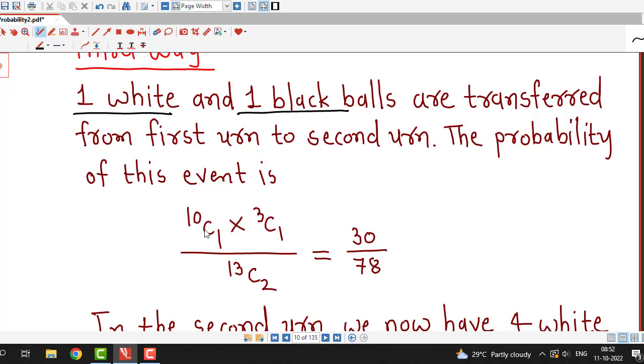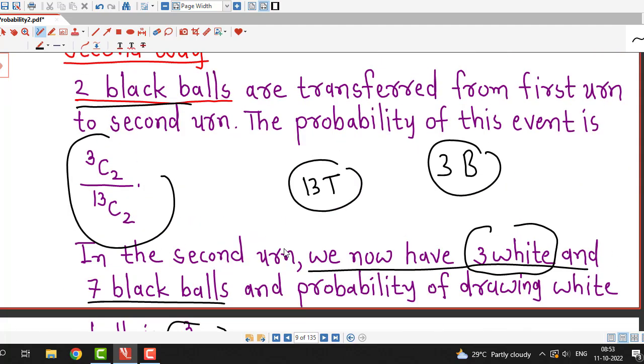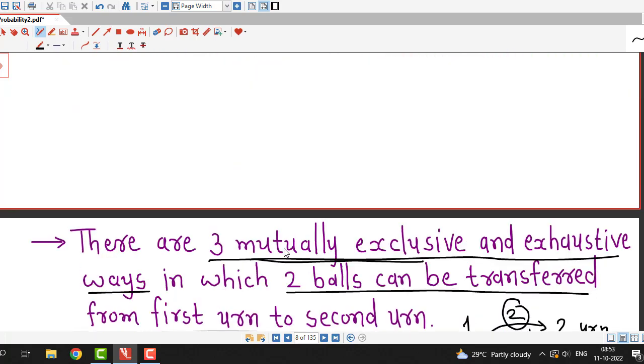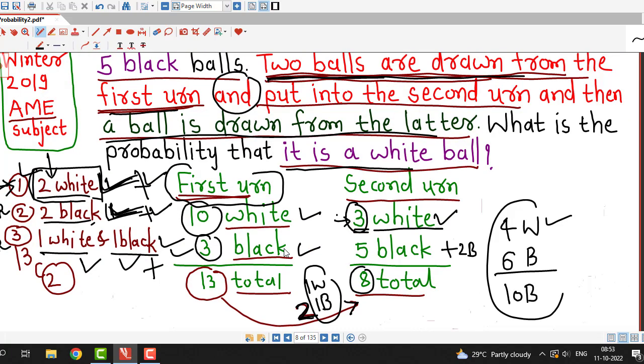The probability is 10C1 into 3C1 because there are 10 white and 3 black balls and we are selecting only one white and one black ball, so we multiply 10C1 into 3C1 divided by 13C2. And if we transfer one white and one black ball into the second urn, then in the second urn we have 3 plus 1, that is 4 white and 6 black balls.